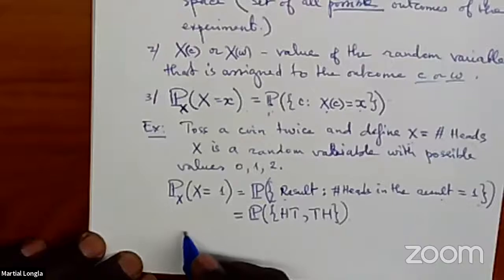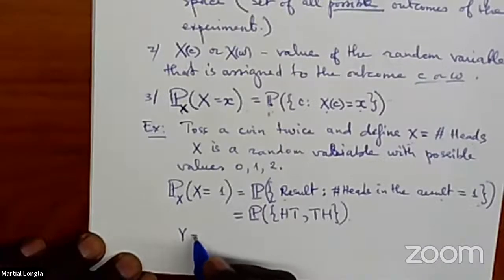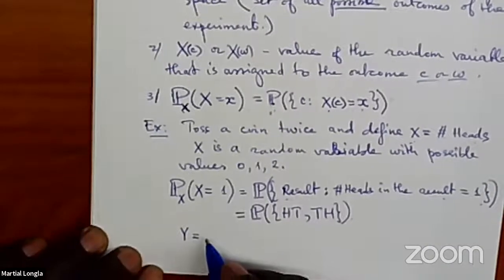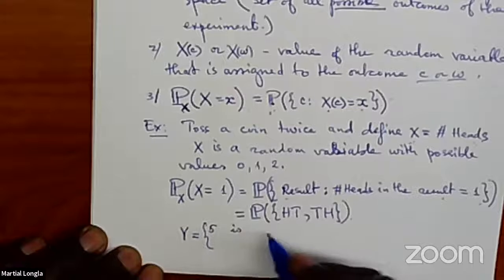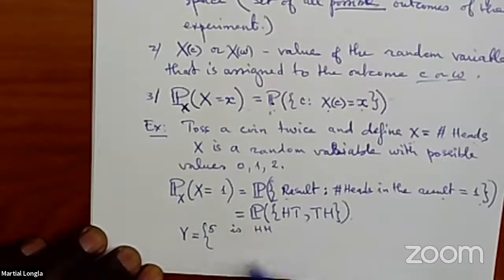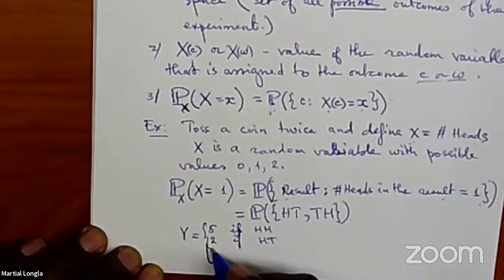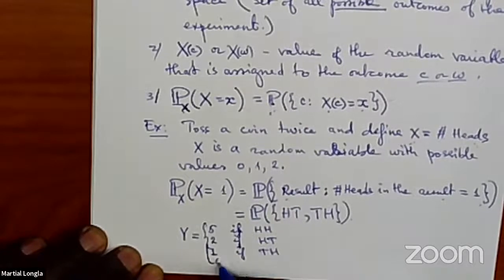All right, we could define Y equals 5 if head-head, 2 if head-tail, 1 if tail-head, and 0 if tail-tail.